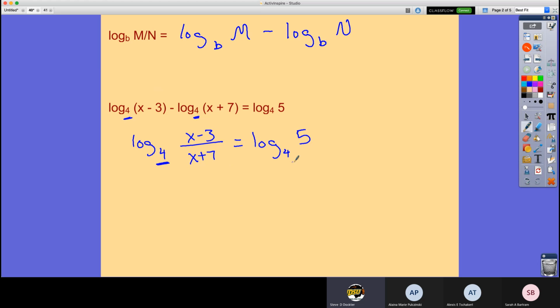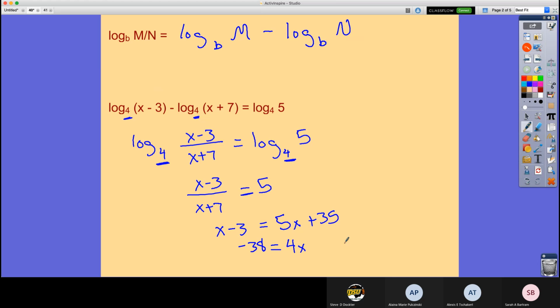Because these are both log 4s, we can just set x minus 3 over x plus 7 equal to 5. Then we can cross multiply and solve this. So x minus 3 equals 5x plus 35. Subtract an x over. Subtract a 35 over. Looks like x equals negative 9.5.